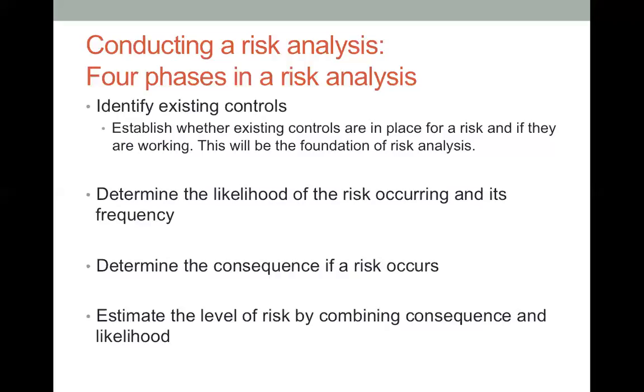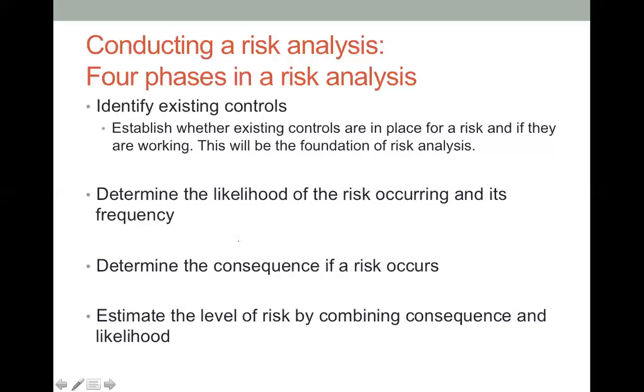Then determine the consequence or impact if a risk occurs, which is basically the degree of seriousness of the risk if that happens. And the last one is to estimate the level of risk by combining consequence or impact and likelihood. So they are the 4 things that we need to do in risk analysis.